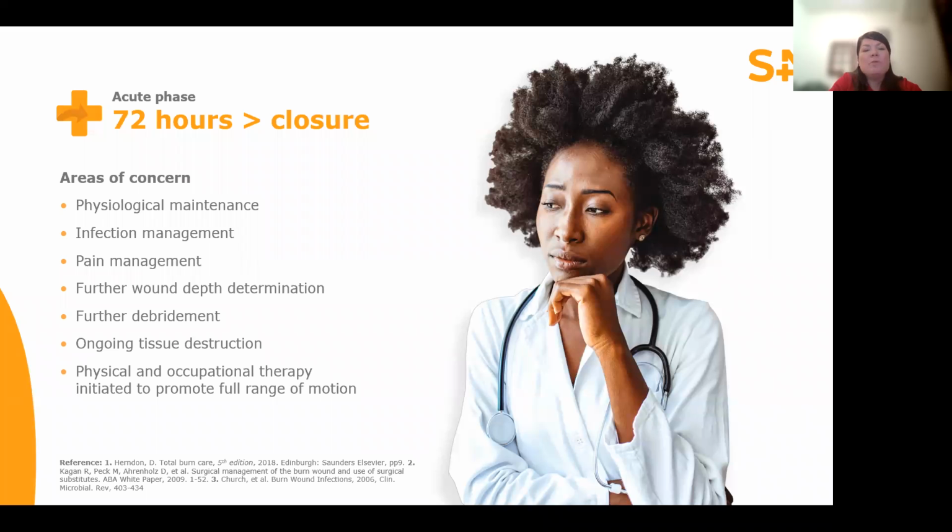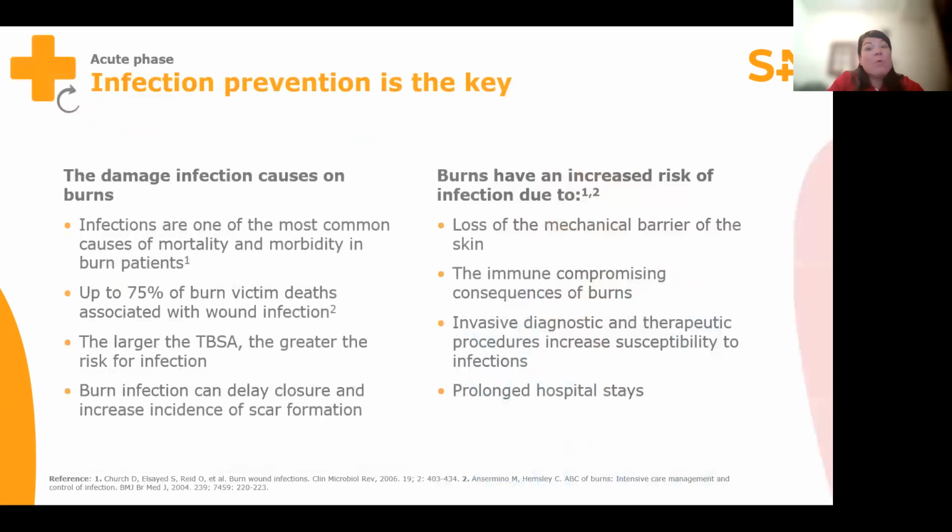So we're going to move into talking about the importance of prevention of burn wound infection. Infection is a great concern for burn clinicians, in fact, and burn surgeons. Infections are one of the leading causes of mortality and morbidity in burn patients. Moreover, increased TBSA has been shown to have an increased association with the risk of infection.